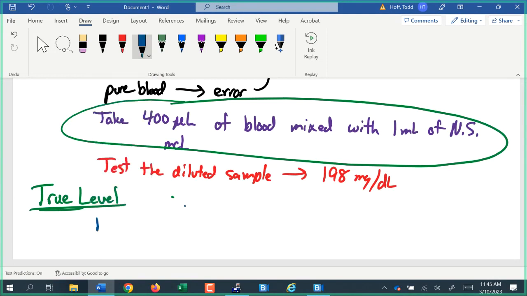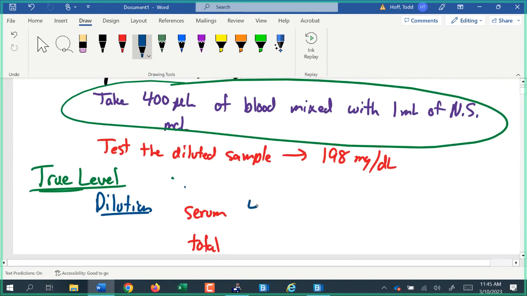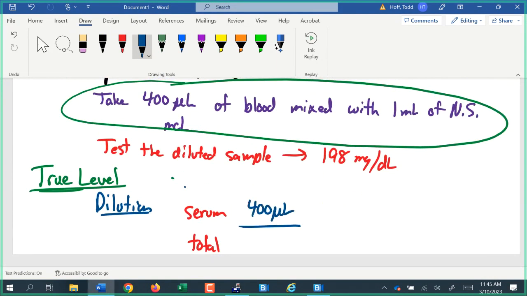And so the dilution, remember, is always serum over total solution. And in this case, the serum is the blood. So we had 400 microliters of blood over, now it's very important that we make sure this is total solution here.